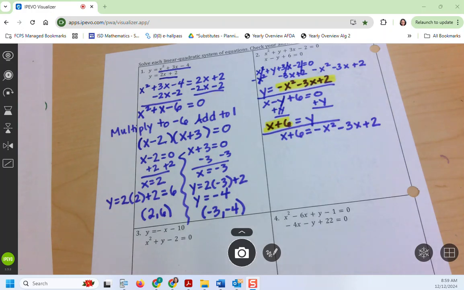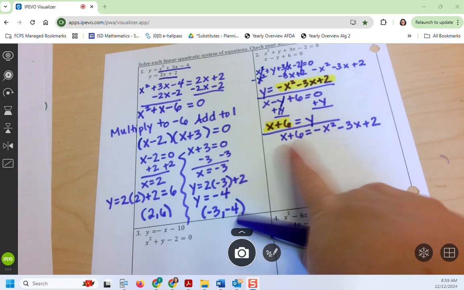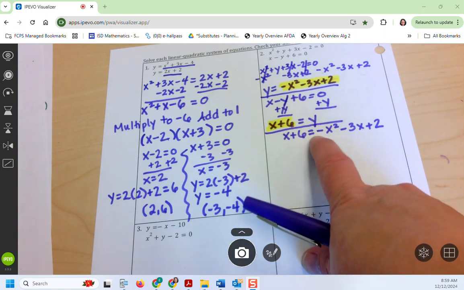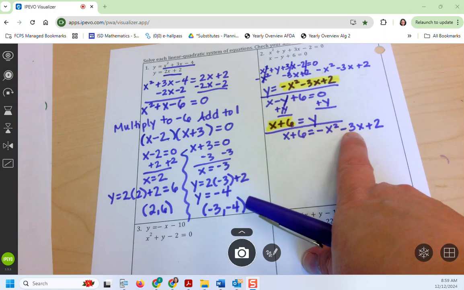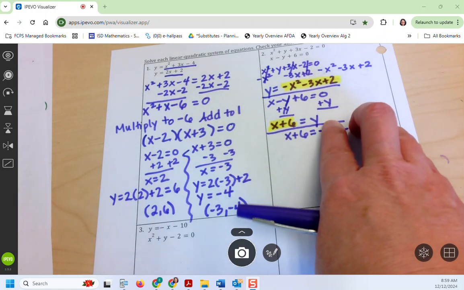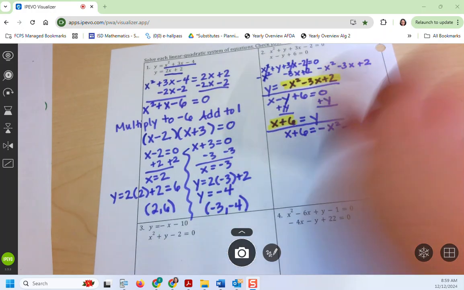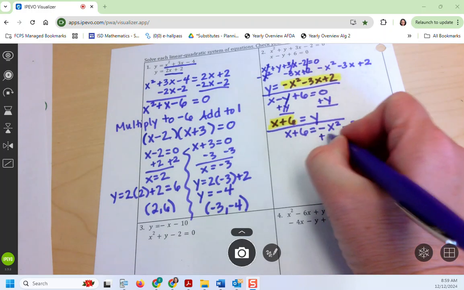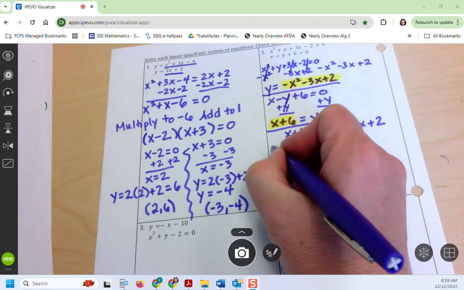So we have to get everything to one side, and it might seem shorter to subtract the x and subtract the 6, but then I'll still be left with a negative x squared. And you don't want to be left with a negative x squared. So instead, I'm going to move everything from the right side to the left side so that I can have a positive x squared. So I'm going to add x squared here, and there's no like term, so I'm going to just add it right here.